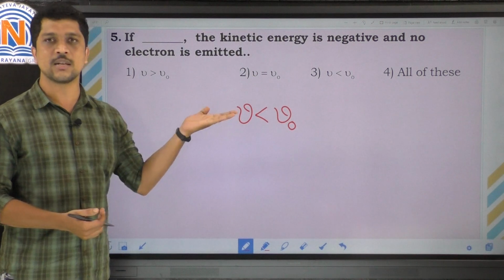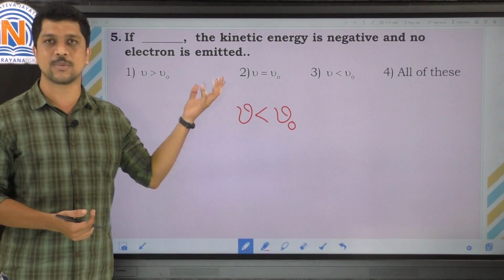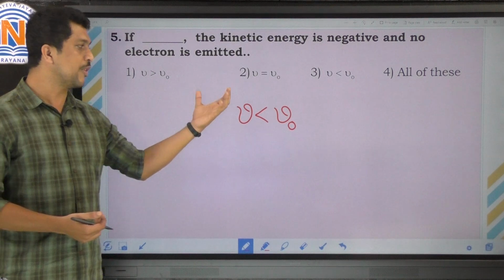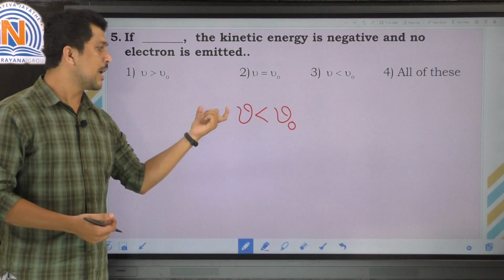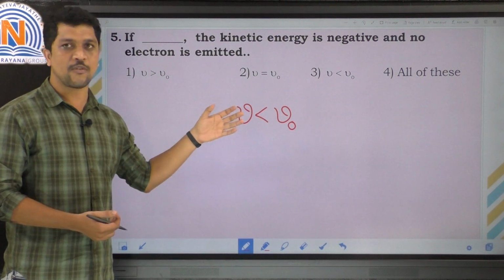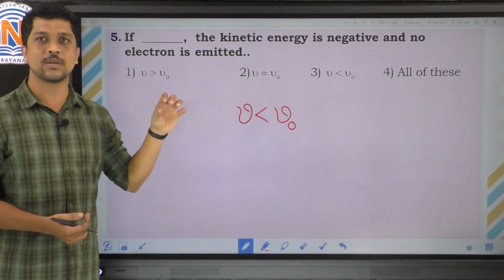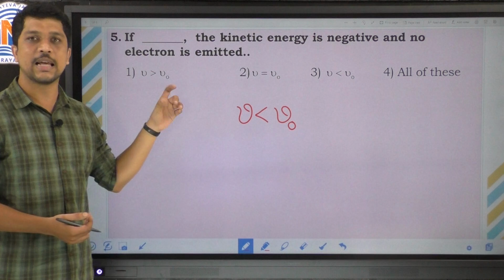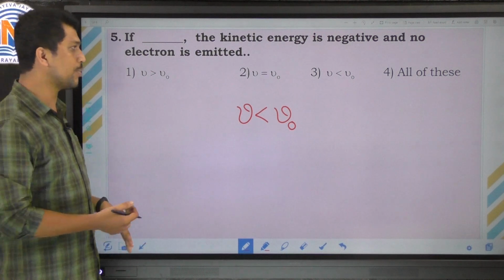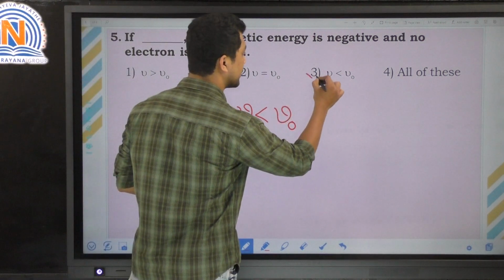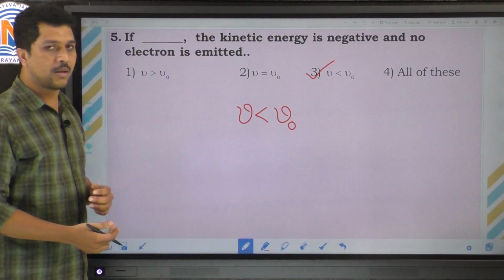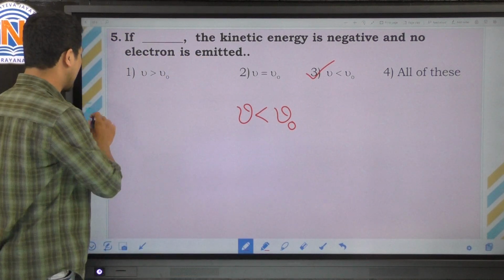If the frequency increases, more electrons will be ejected. So if the threshold frequency is greater, then the frequency of light is less, and no electrons will be emitted. We can observe that no electrons are emitted, the kinetic energy is negative. So the correct option is the third option. So let's move on to the next question.